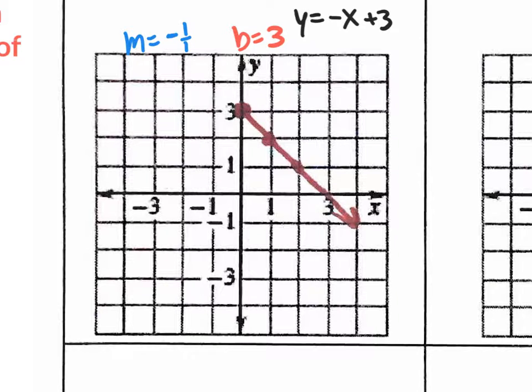But this is obviously not the complete line. It doesn't go this way forever. It stops right here. There's an endpoint, and it goes this way forever, right? So we need a condition right there. We need a domain, right? A condition, because we're going to give the condition in terms of x, which is technically your domain. So to write this piece, you're going to say if your x values are what?